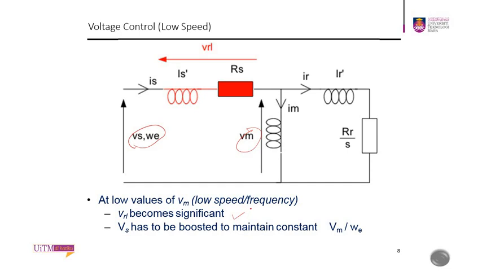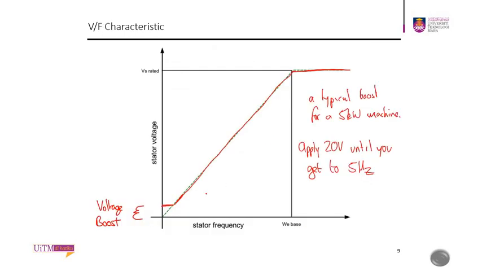So some additional boost is needed. Vs has to be boosted to maintain a good voltage to frequency ratio. We can see in the graph that this value is stated here. The boost is here, and after that the value is kept low.